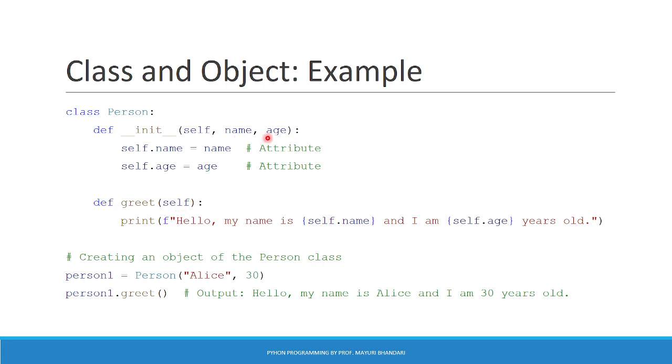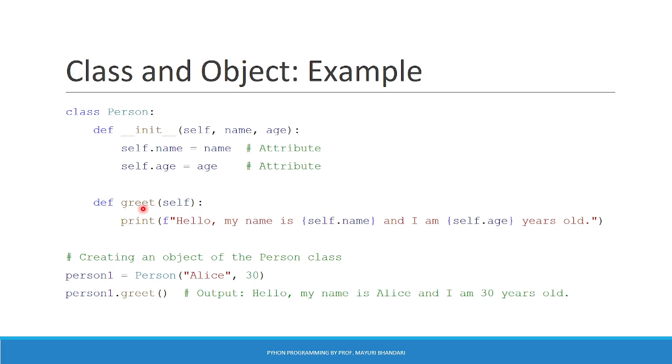Then it has two more parameters, name and age, and inside this, self.name = name, we are initializing the attribute. So whatever parameters we pass while creating the object will be assigned to name and age. Then the second method in the same class is greet.